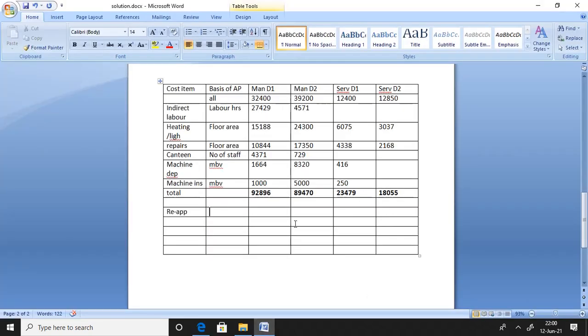So back to the solution, reapportioning service department 1.